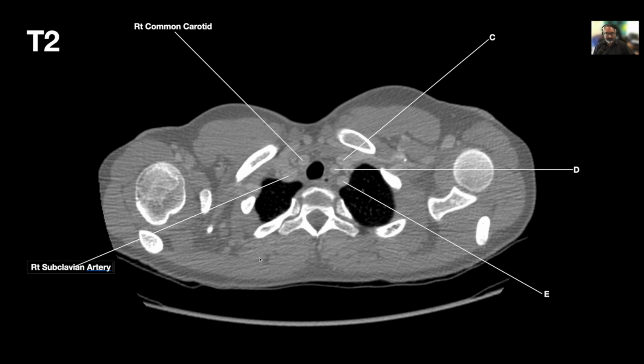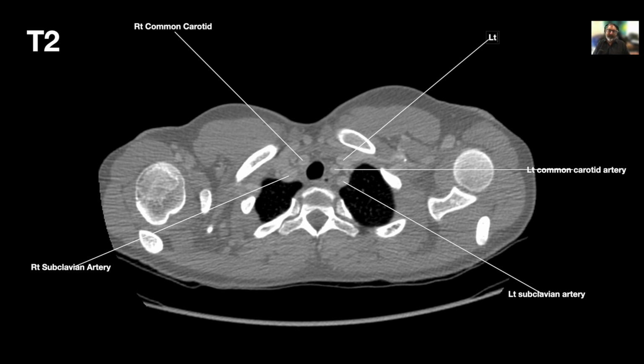Ready? D is the left common carotid. Correct. The left subclavian. Yes. And this is the left subclavian artery. Oh, is it not the left brachiocephalic vein?